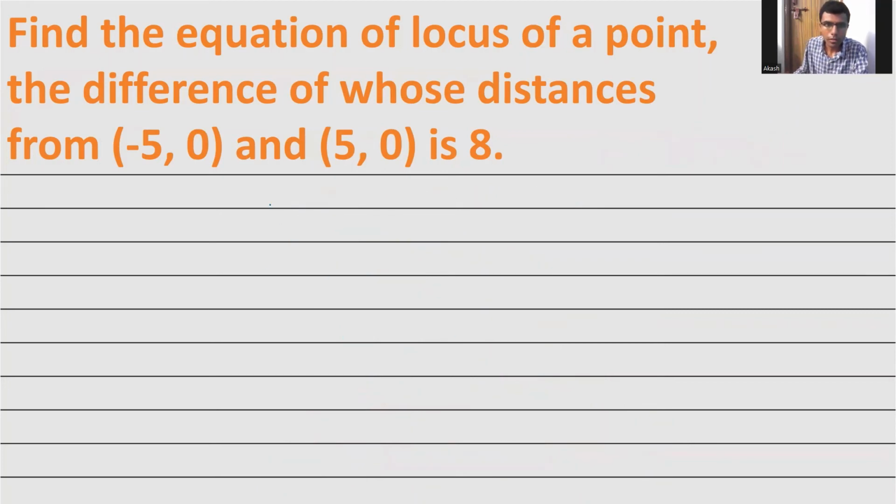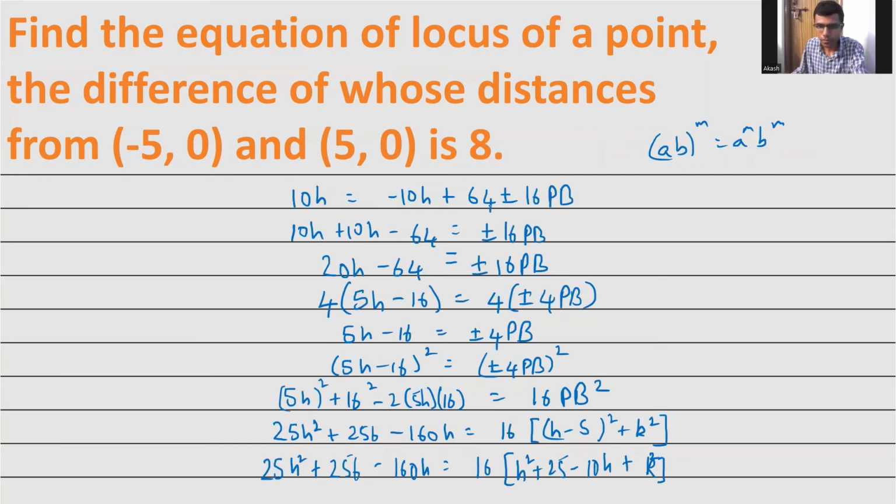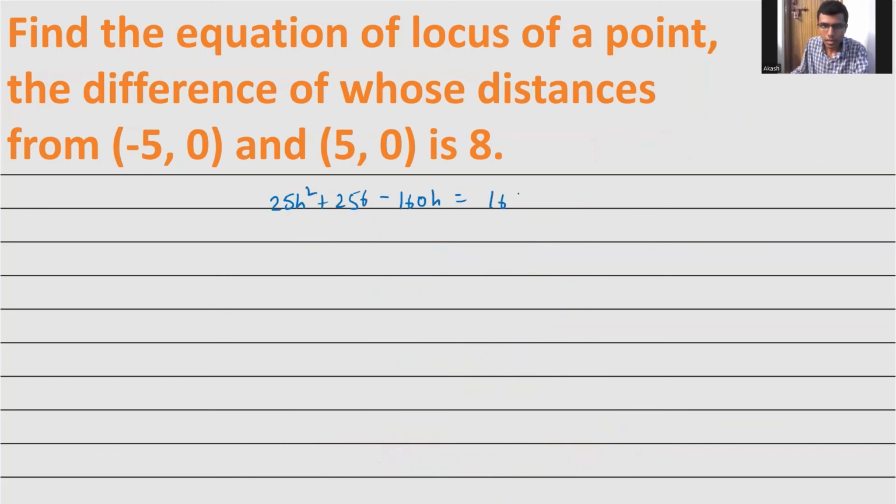So 25h square plus 256 minus 160h is equal to 16h square.